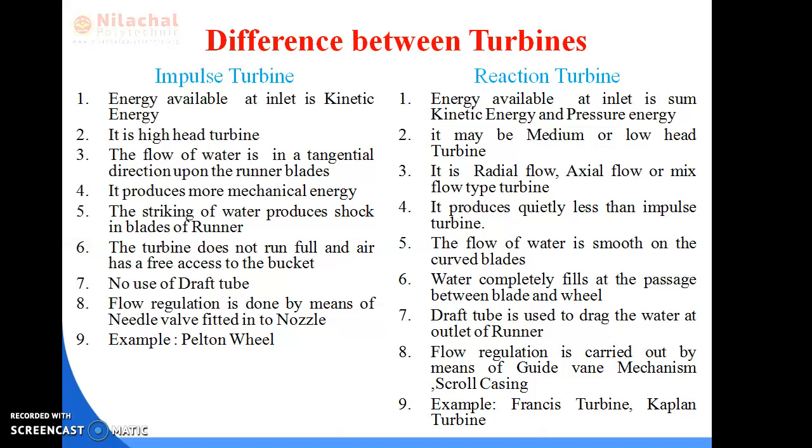Due to the large amount of kinetic energy utilized in the impulse turbine, we get the maximum power. In case of reaction turbine, it is not happening. Some part of the pressure energy is converted into kinetic energy. In this way, we complete the differentiation between the impulse turbine and reaction turbine.